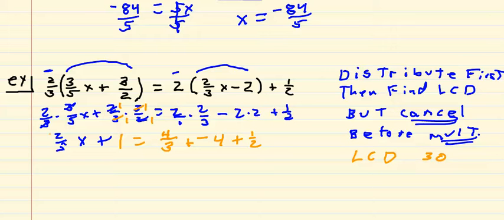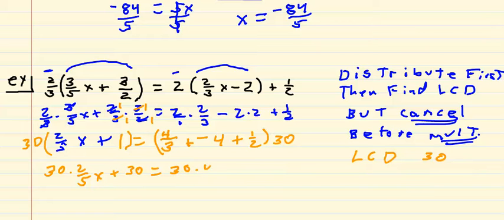So then I'm going to distribute both sides by 30. And I get 30 times 2/5 x plus 30 times 1 is 30 equals 30 times 4/3 x minus 30 times 4, 120 plus 1/2 times 30.